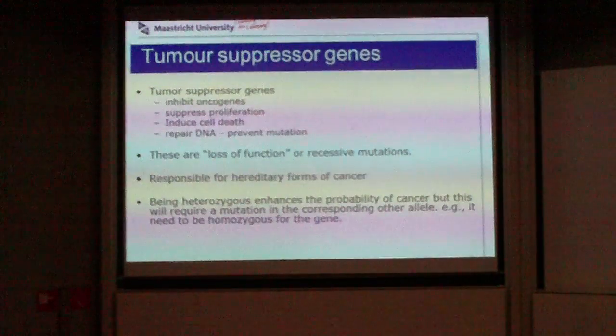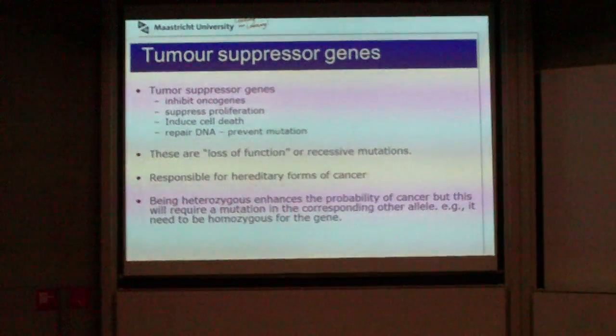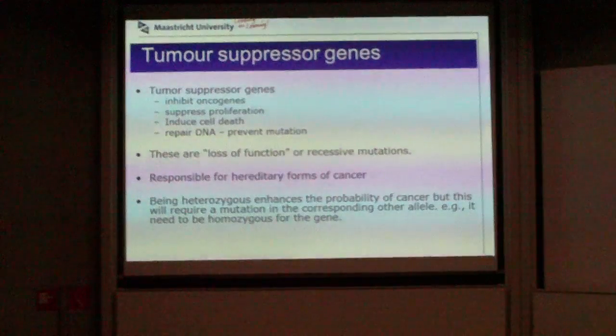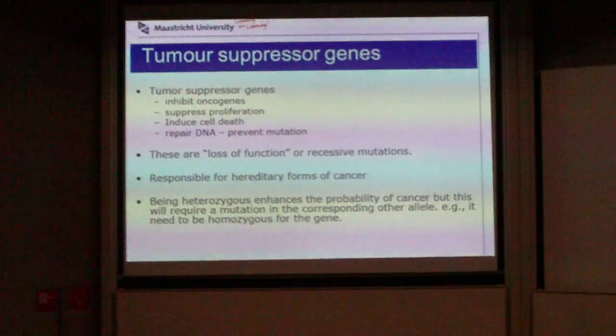So tumor suppressor genes inhibit oncogenes, suppress proliferation, induce cell death, or repair, or inhibit DNA repair, so the prevention of a mutation.